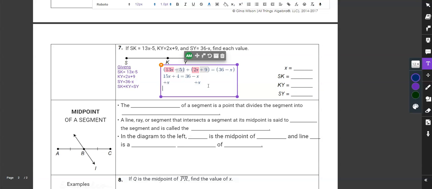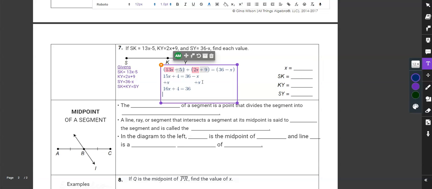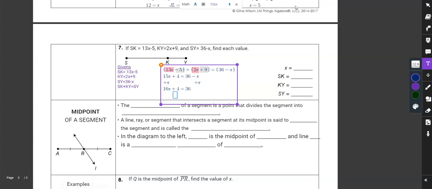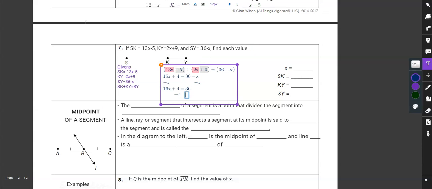So that's going to leave me with 16x plus 4 is equal to 36. We are going to subtract 4 from both sides. And when we do that, we're going to end up with, let's see.